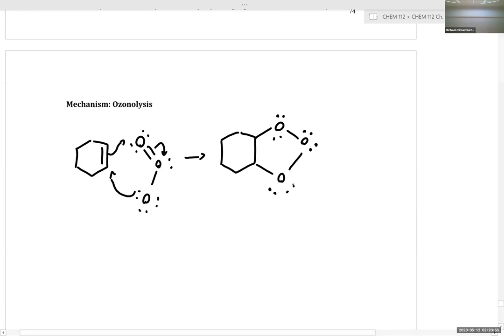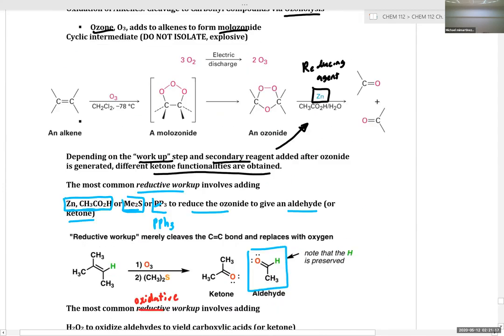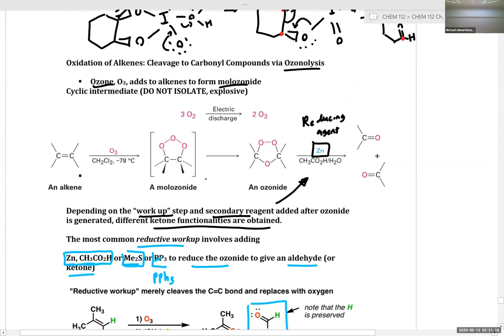And now this malozonide is going to undergo a rearrangement to generate the ozonide species. So as you notice, we first generate the malozonide and then we generate an ozonide.